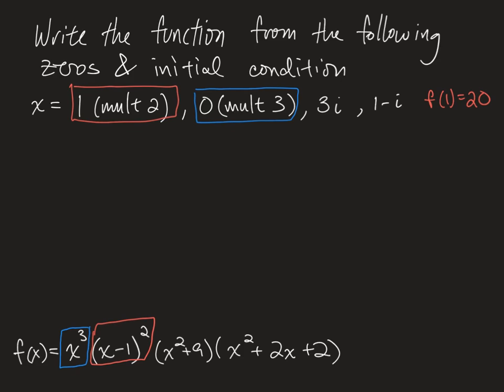So you can see with the 3i, it's a positive 3i. The other zero that corresponds with this would be a negative 3i. With the 1 minus i, that is one of the zeros in the pair. The other zero for the imaginary pair would be 1 plus i. Right? Only the imaginary term has the opposite sign, minus, plus.